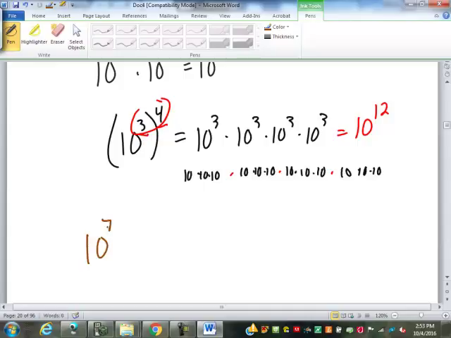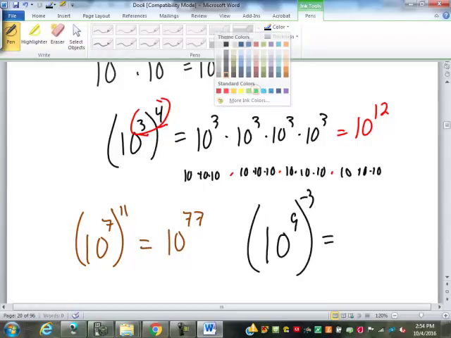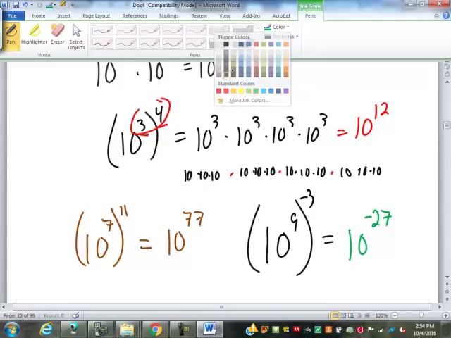So if I have 10 to the 7th to the power of 11, I'm going to get 10 to the 77th. Good. 10 to the 9th to the power of negative 3, I'm going to get 10 to the negative 27. Good.